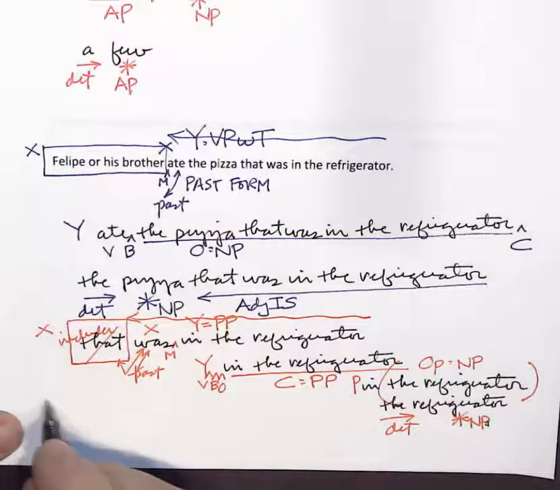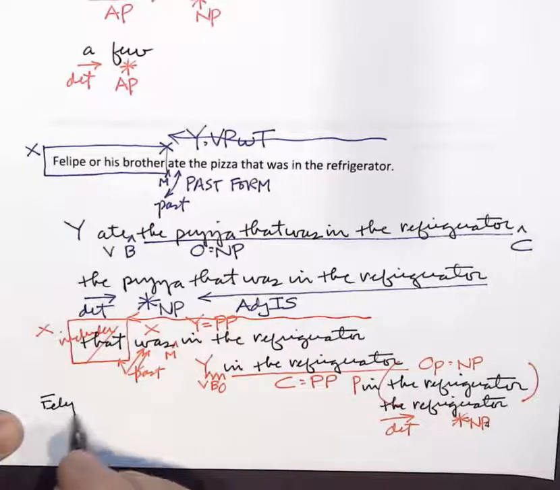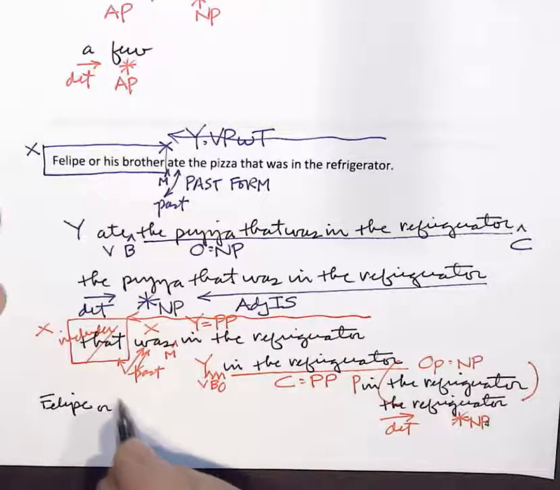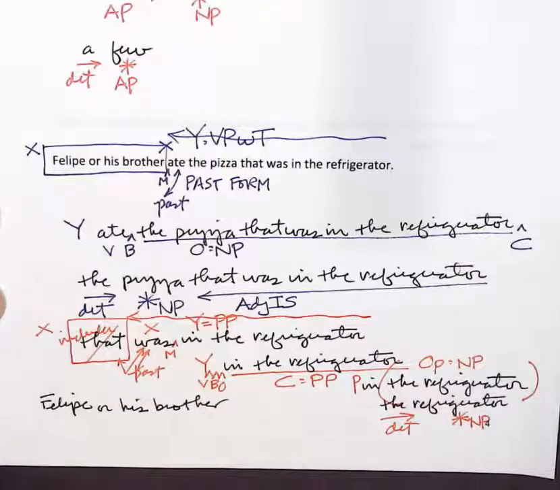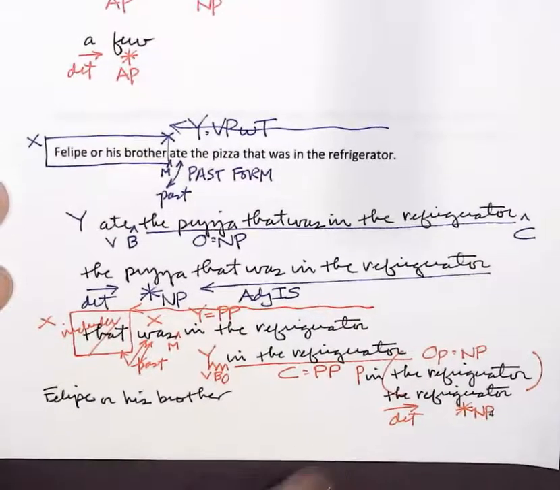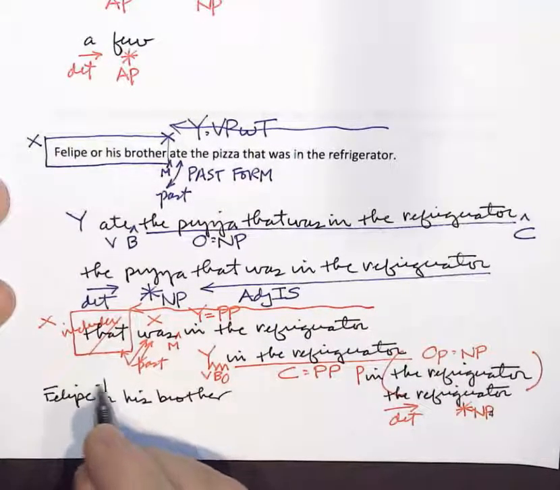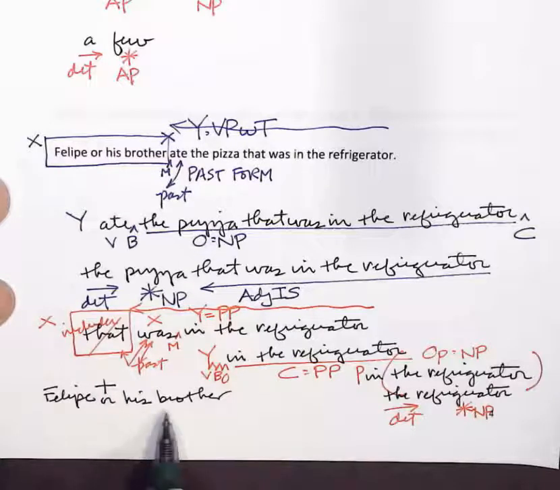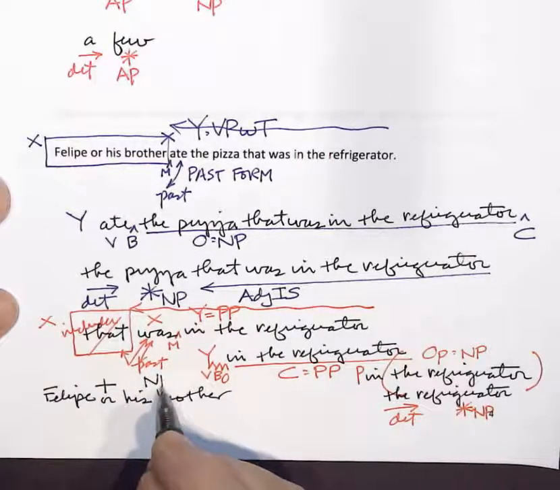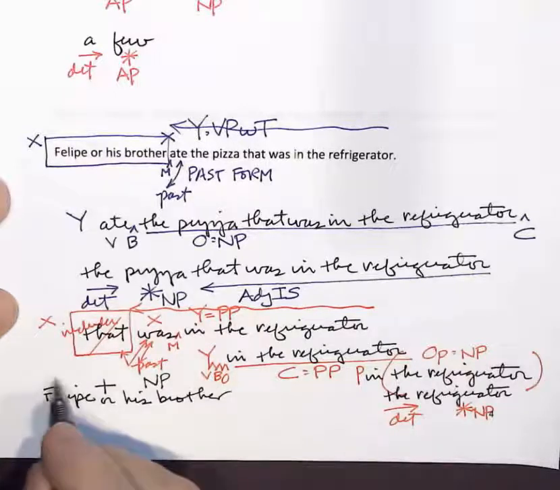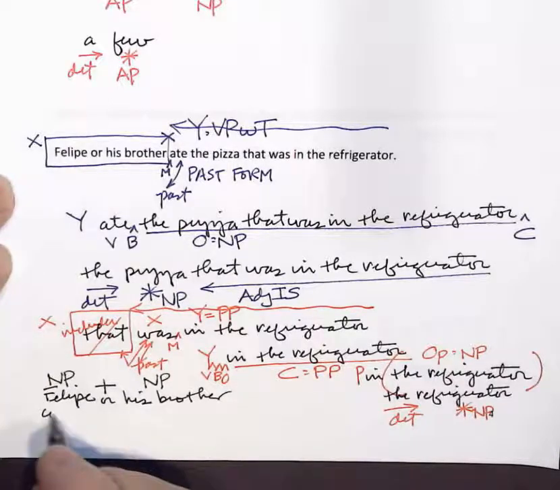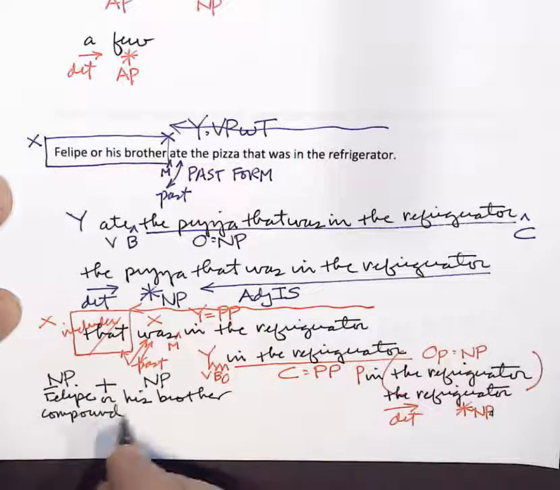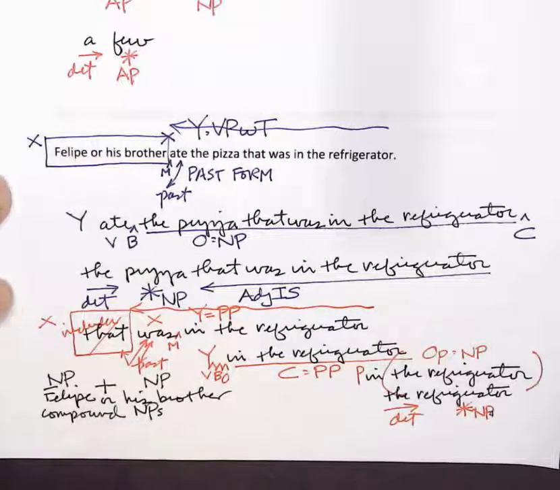So we just have the subject left to go. Let me rewrite that over here. Felipe or his brother. And now we finally got to our compound. The coordinator is or. Now on the right side I have a noun phrase, his brother. So on the left side I should also have a noun phrase. This is an example of compound noun phrases, and they were in the subject place.